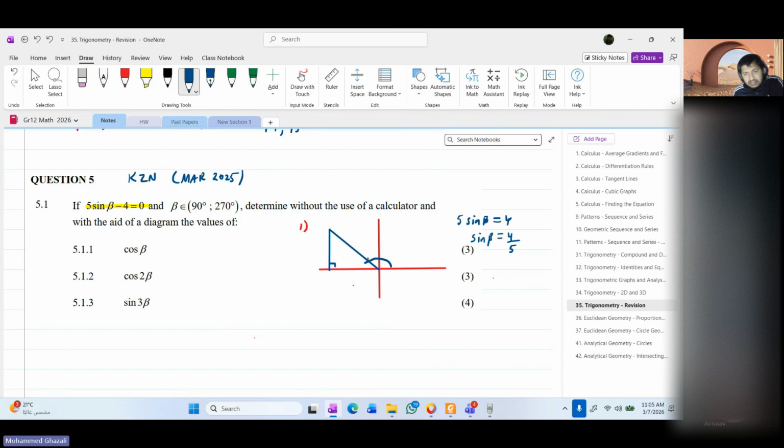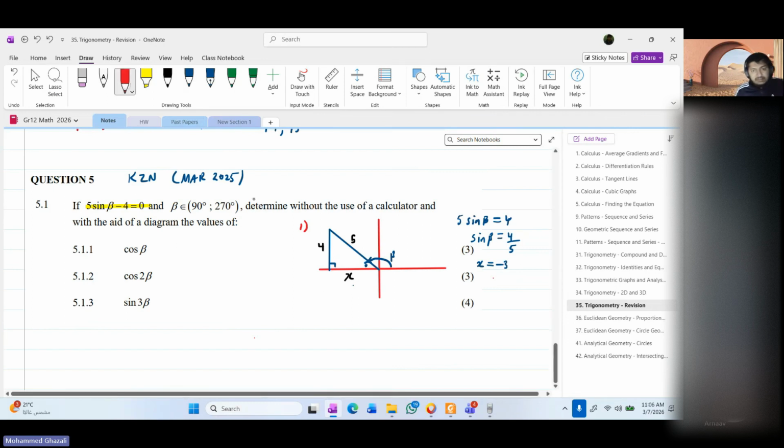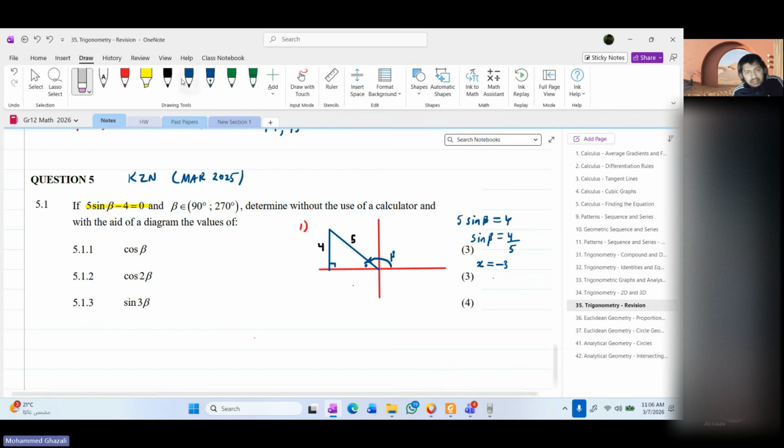There's your angle beta, and there's a reference angle inside the triangle. Sine is opposite over hypotenuse, so 4 over 5, and the adjacent is x. X is equal to -3 from Pythagoras. That's the one you need to solve.